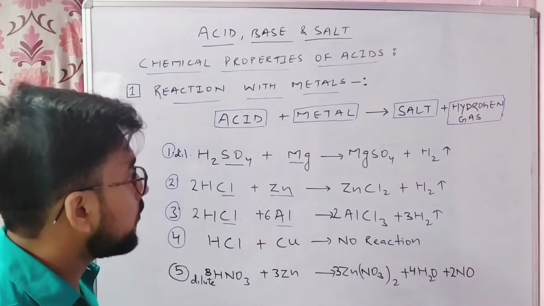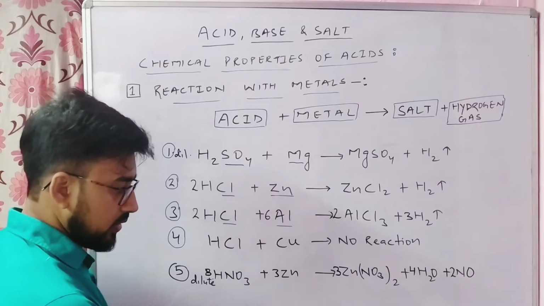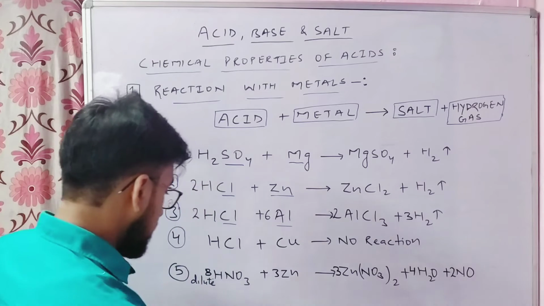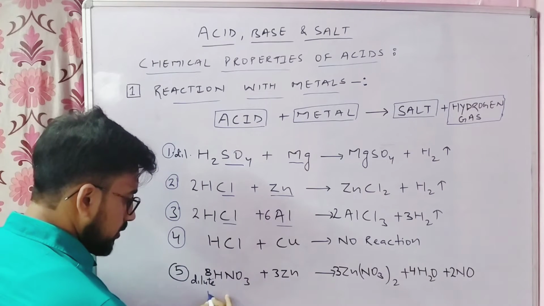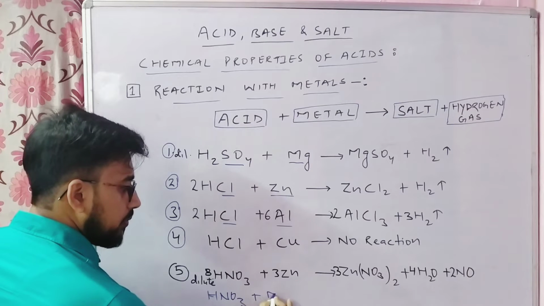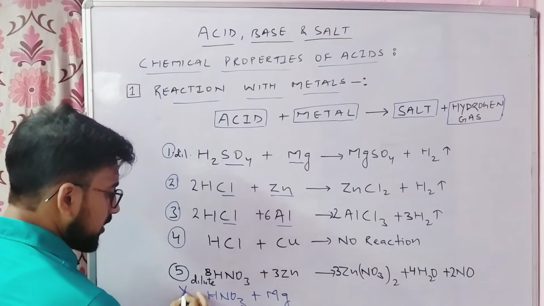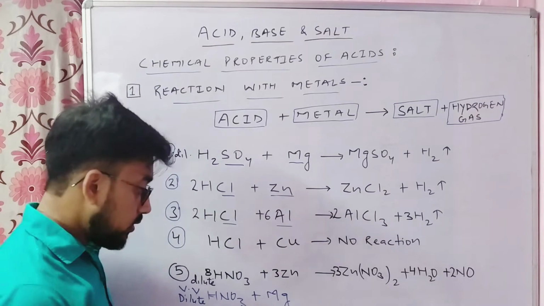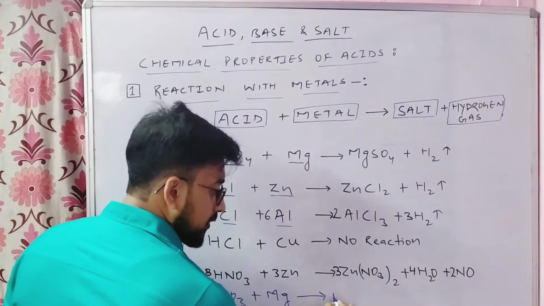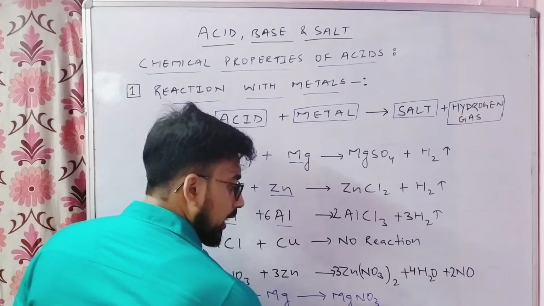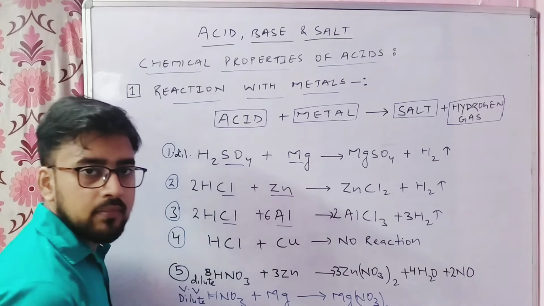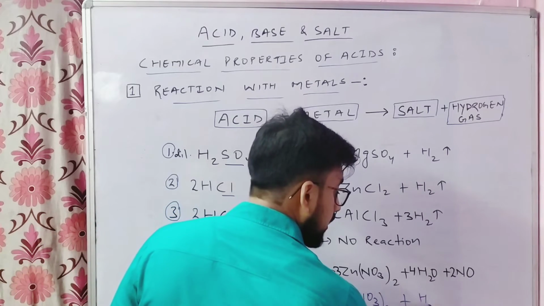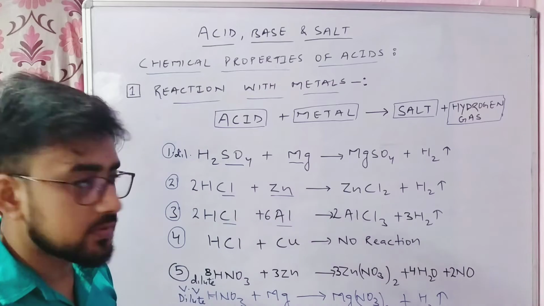What exception am I talking about here? When this HNO3 reacts with two metals, magnesium and manganese. I am writing here HNO3 plus Mg, and this HNO3 is very, very dilute. Then magnesium nitrate, Mg(NO3)2, is produced and hydrogen gas is released.